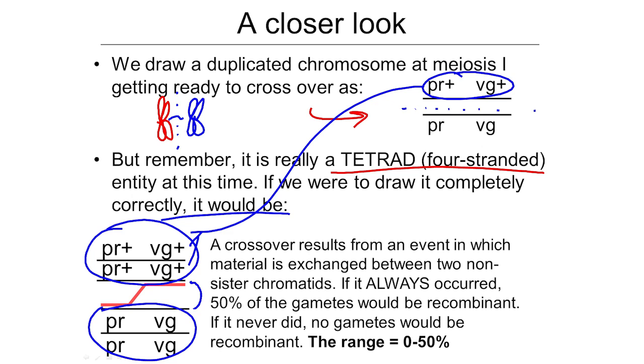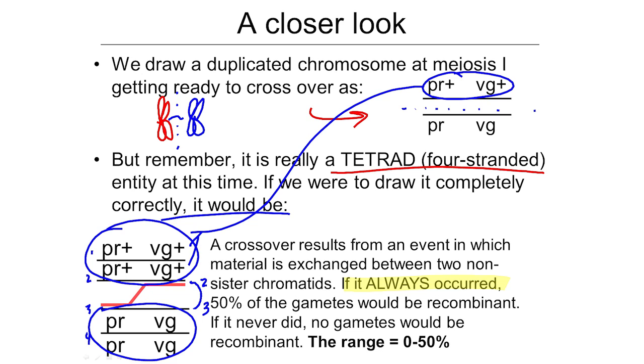So let's just number these: 1, 2, 3, and 4. That red line represents a crossing over event between chromatids 2 and 3, which are non-sister chromatids. If that always occurred, still only 50% of the gametes would be recombinant. Why?